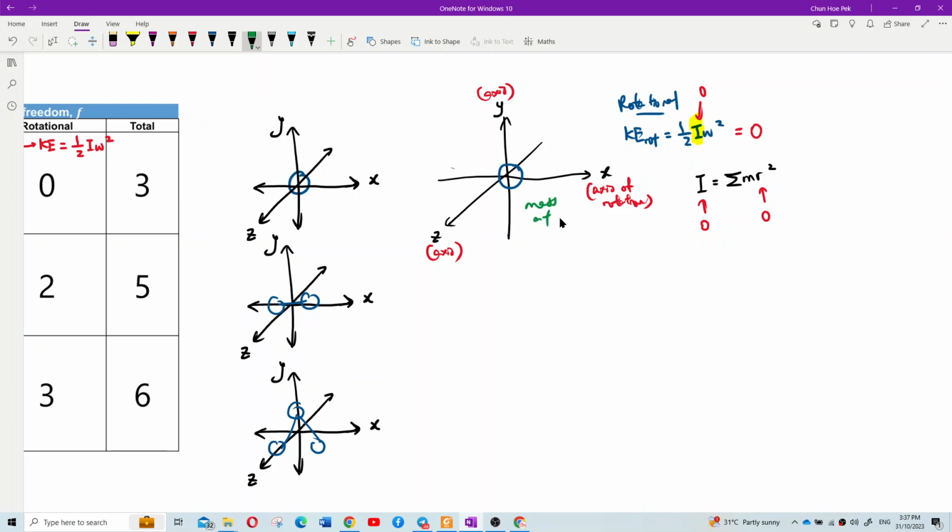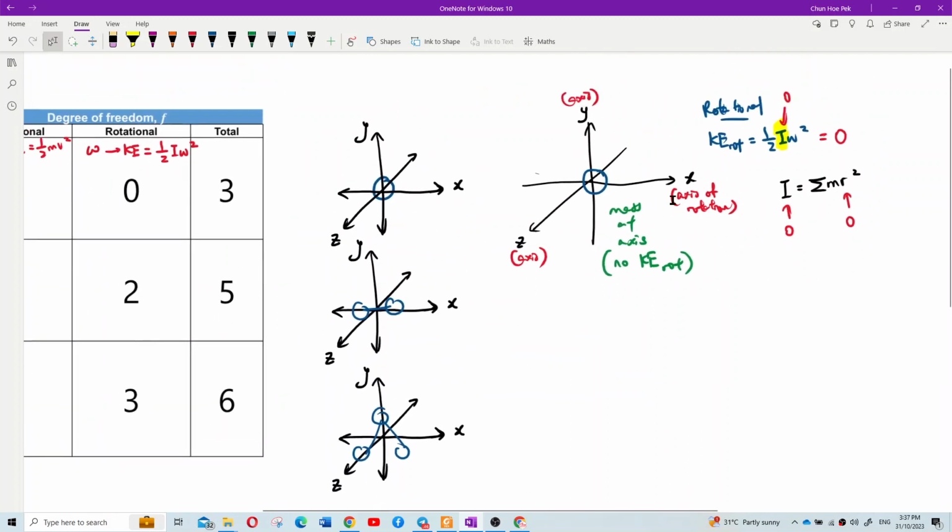So no rotational kinetic energy. Or we can say rotational kinetic energy is 0, because the I is 0.